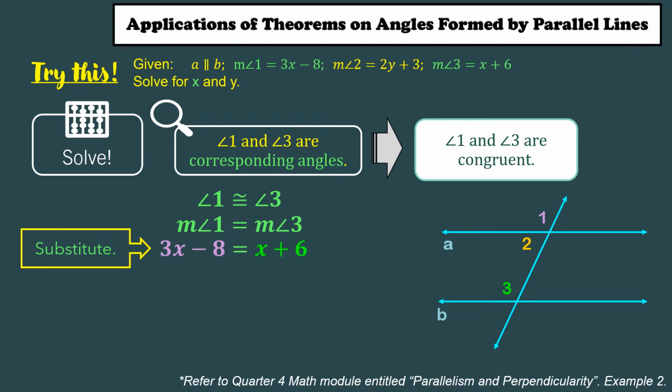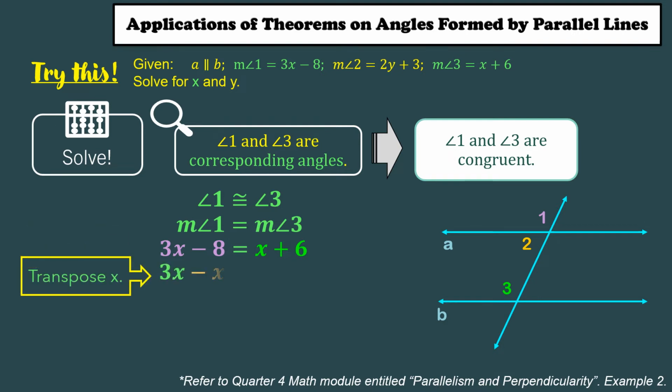To start solving for x, we then transpose x from x plus 6 to the other side of the equation, so that we can keep all terms with the variable x on the left side of the equation. We also transpose negative 8 from 3x minus 8 to the other side to keep all constant terms on the right side of the equation.